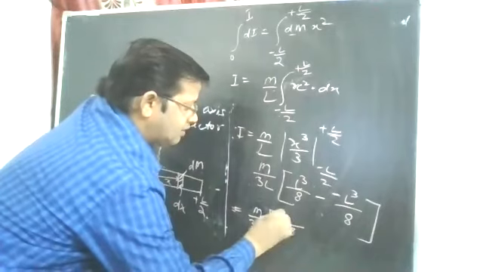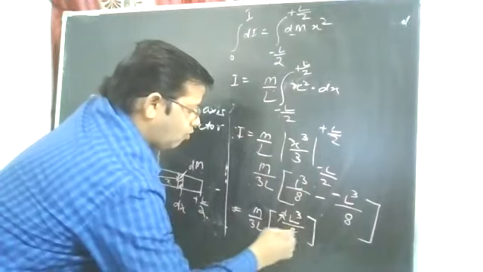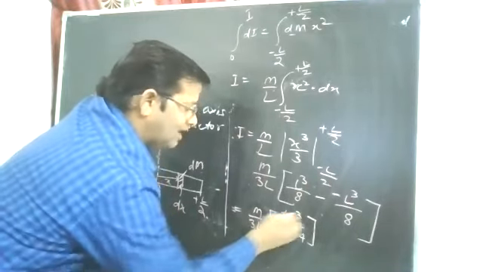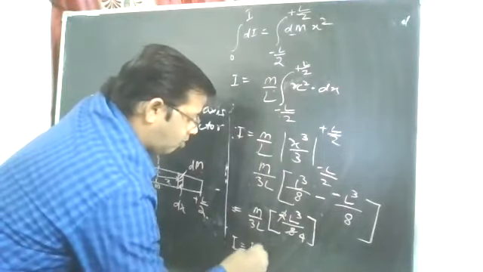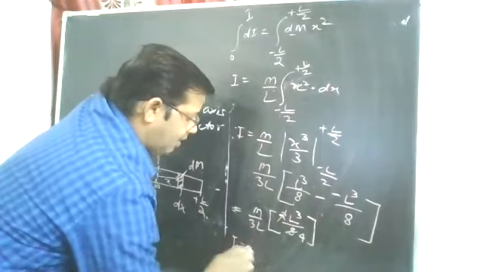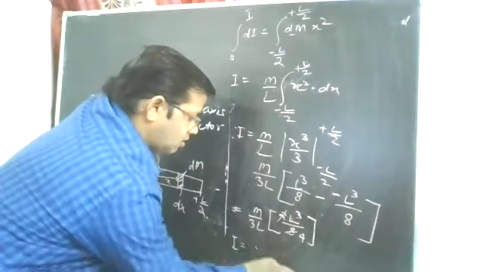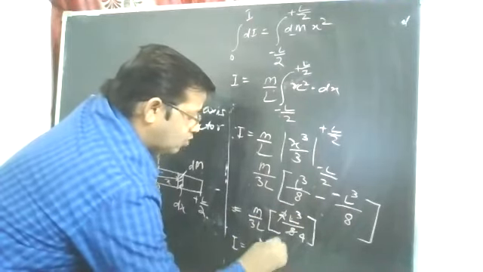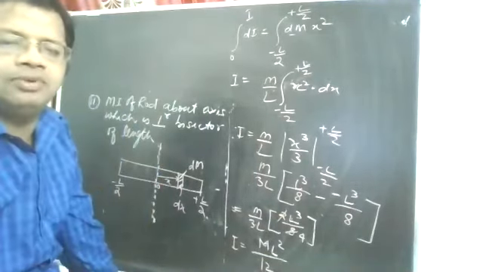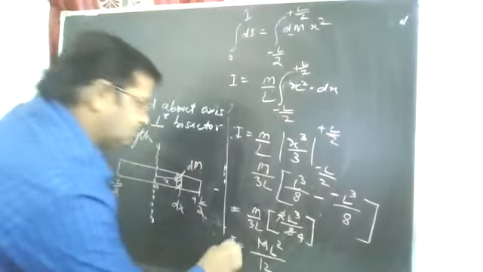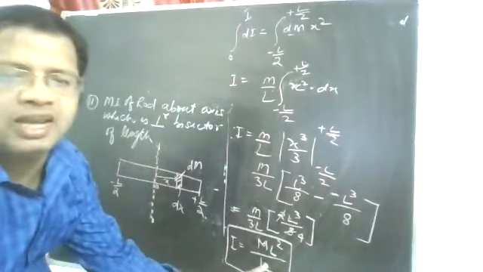So your answer will be, the formula for moment of inertia is m L square, the L power cancels out, the formula will be m L square by 4 times 3 is 12. So the formula for moment of inertia is m L square upon 12.